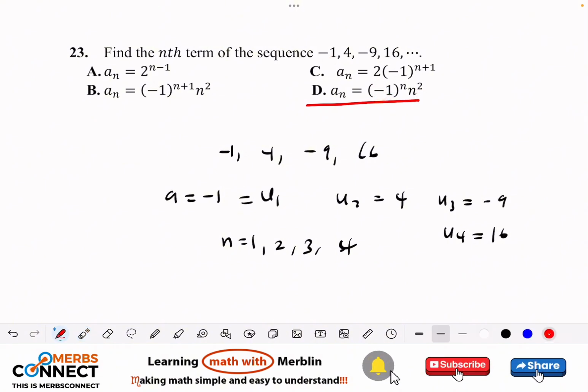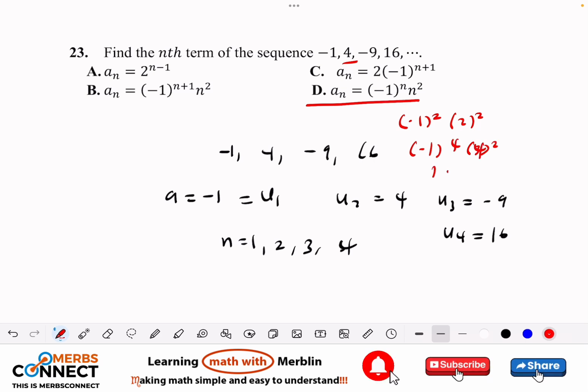Let's plug in 2. Minus 1 squared is 1, 2 squared is 4. What is also there? We can just do 3. Minus 1 to the power 3 is minus 1, times 3 squared, which is 9, so we get minus 9. Now let's do 4. Here is 4, here is 4.